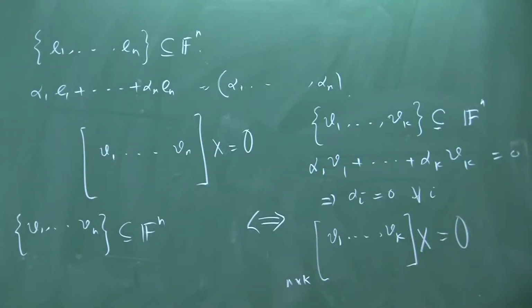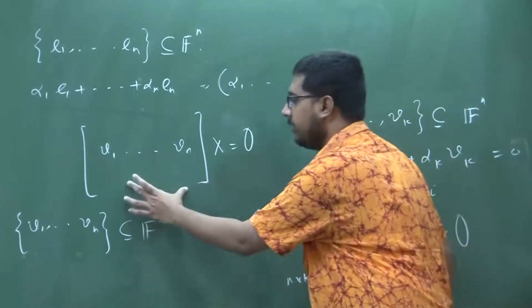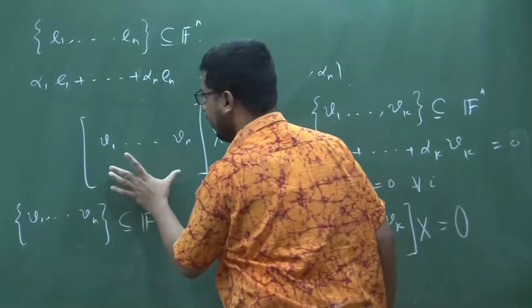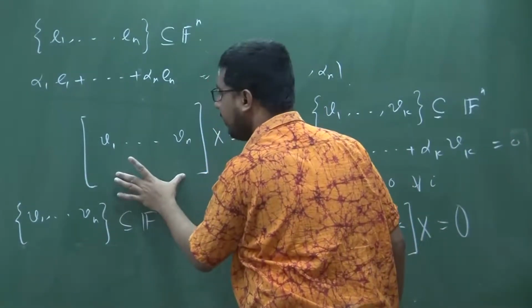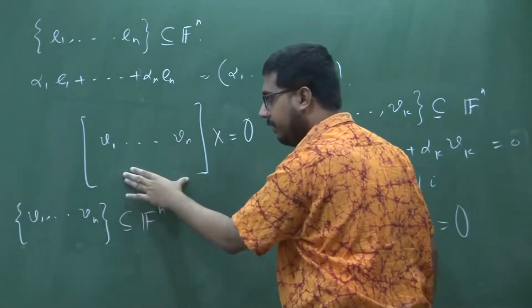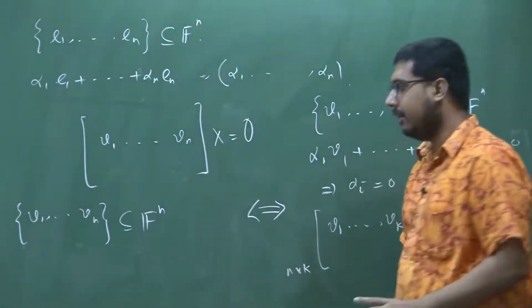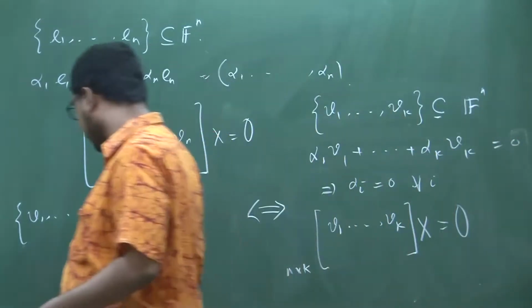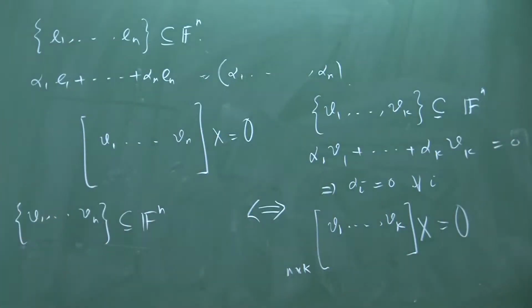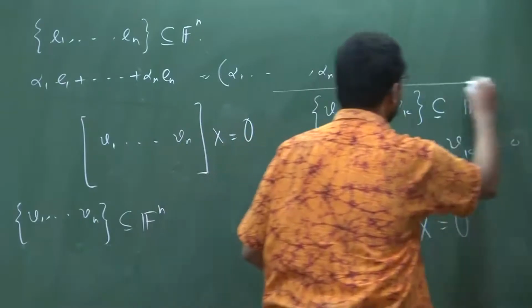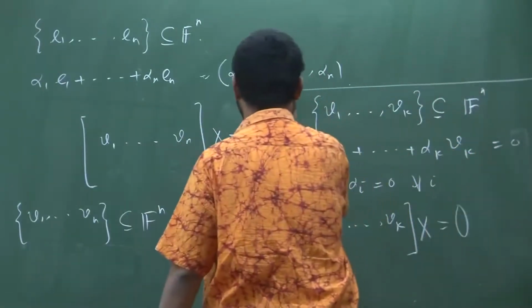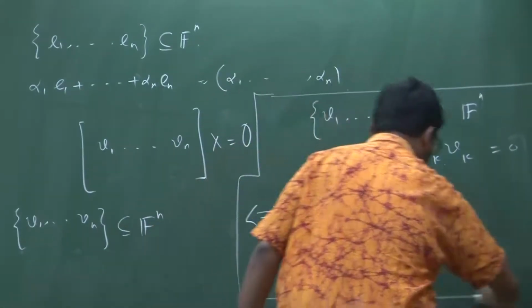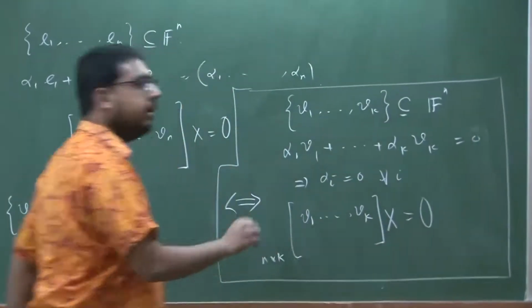So, that means if this matrix is invertible, then the corresponding set will be linearly independent. Okay. Now, we have a criterion, at least for subsets of Rn, to check whether the subset is linearly independent.